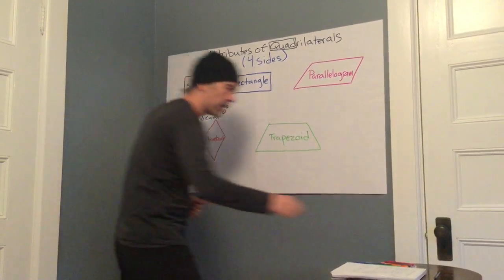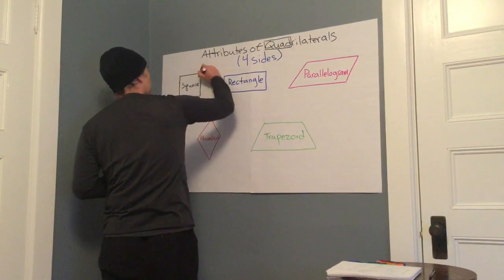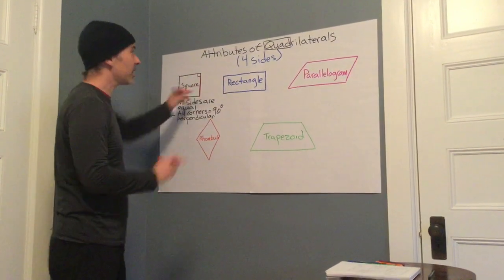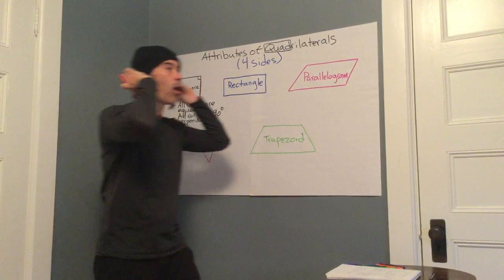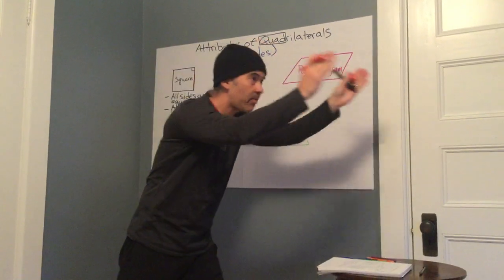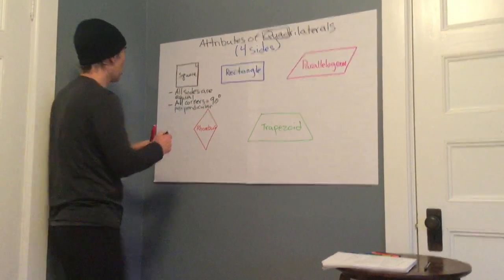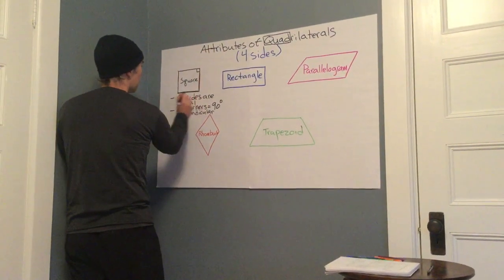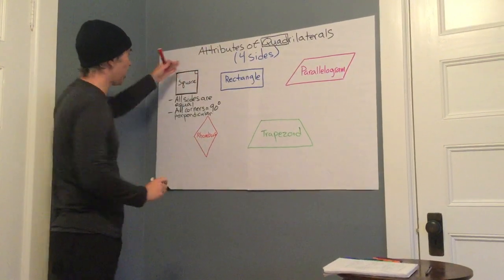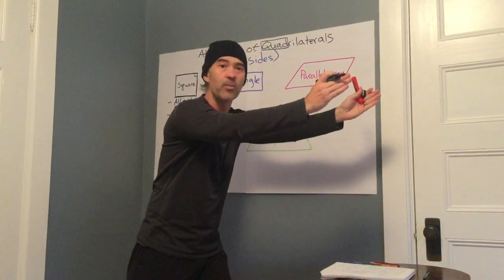Well, I'm going to highlight it here. I know that this side is parallel. That means they go on in the same direction forever. They run parallel, these two. And I also noticed that these two sides, the top and the bottom, are also parallel. They never meet.